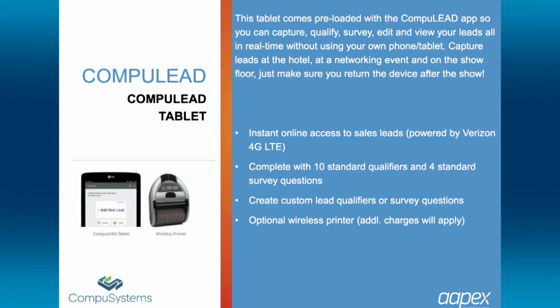In terms of physical equipment, the majority of what we have here are going to be apps. It's definitely the most popular option that people are going with at the shows. So you can go through and download the CompuLead on your own. Likewise, if you have a hosted booth, if you're doing a reception, if you have a host or a hostess, one of the most popular options is to go with a tablet because you may not want them scanning on their personal devices.